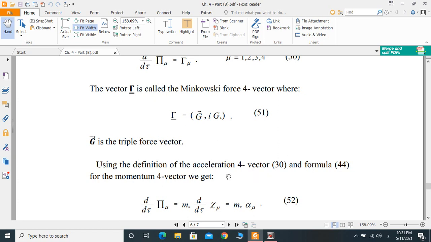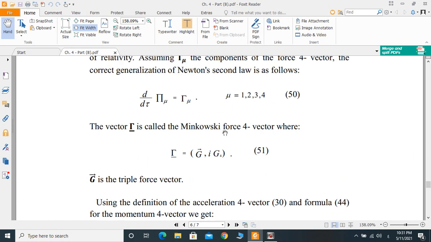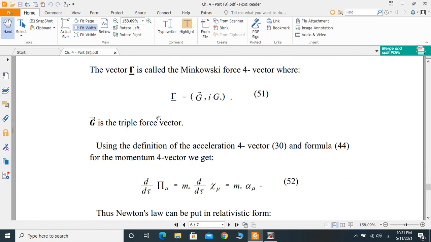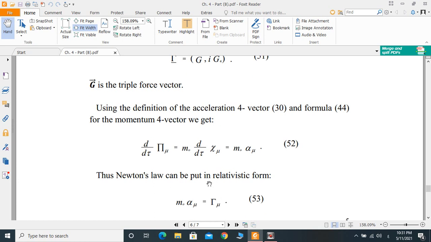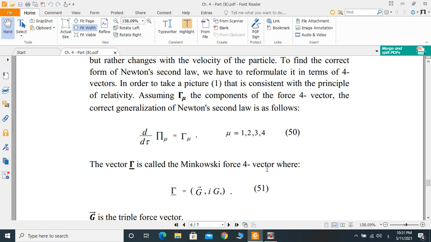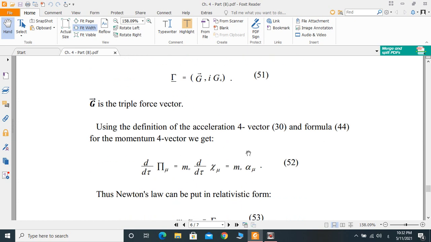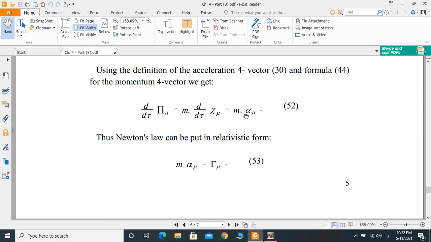Using the definition of the acceleration four-vector, the left hand side of this equation of motion, dB mu over d tau, can be written as m naught d kappa mu over d tau, which equals alpha mu, the acceleration four-vector. Then equation of motion 50 can be written as m naught alpha mu equals gamma mu.